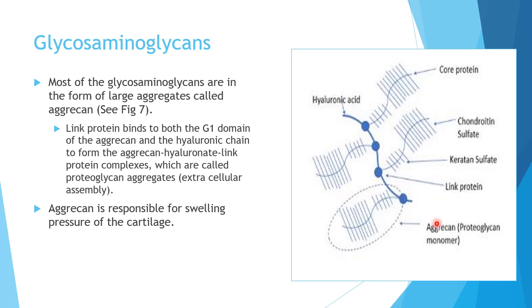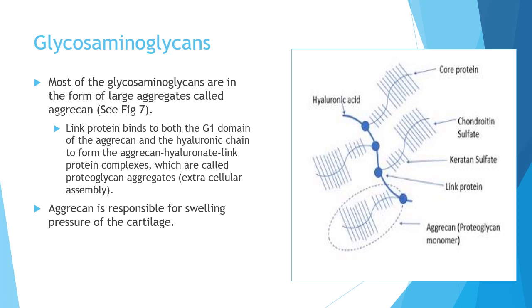The proteoglycan monomer is core protein attached to glycosaminoglycan chains. This is the proteoglycan monomer. The proteoglycan aggregates is multiple proteoglycan monomers attached to a hyaluronic acid through something called the link protein.